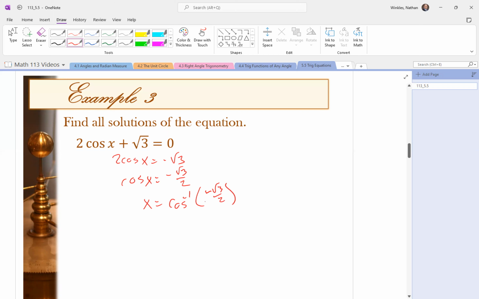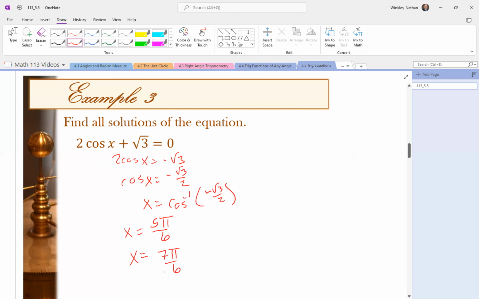Now, inside of this type of problem, there are two spots where cosine of x is equal to negative root 3 over 2. We're going to have 5 pi over 6 and 7 pi over 6.